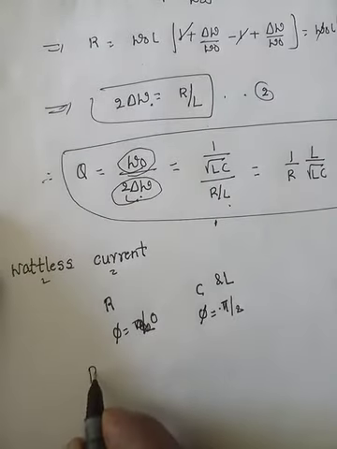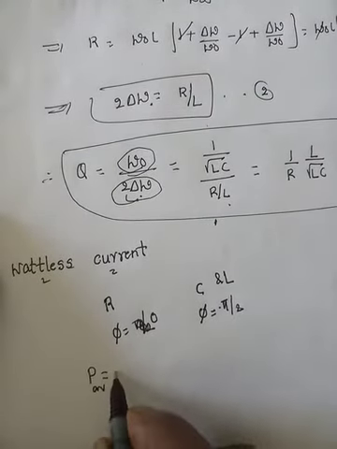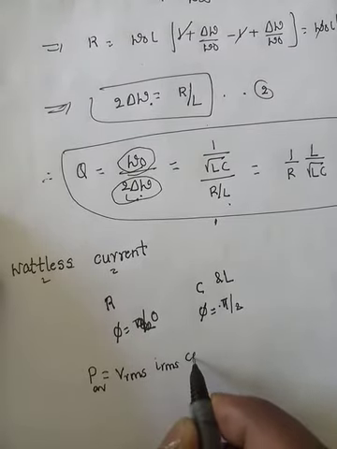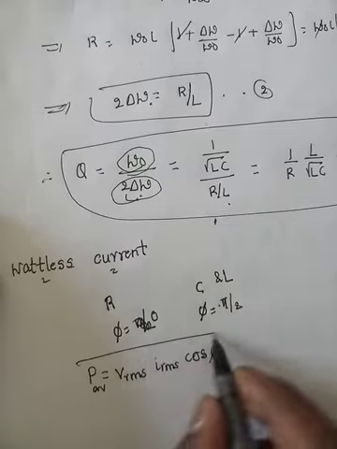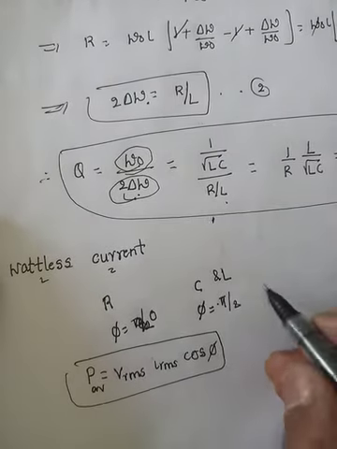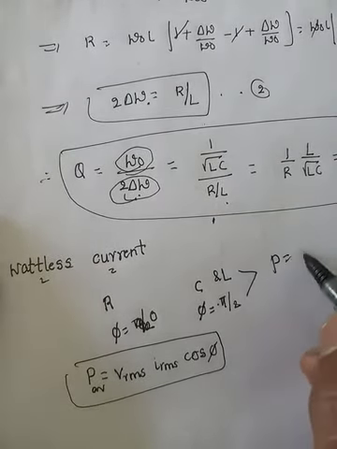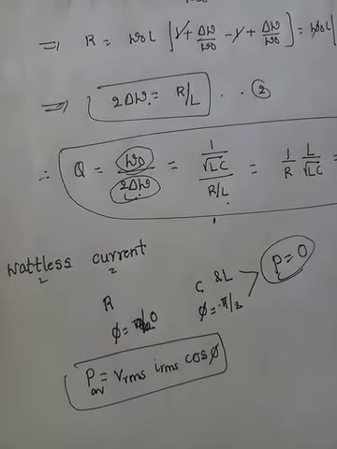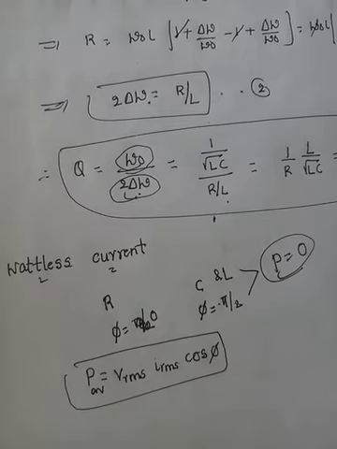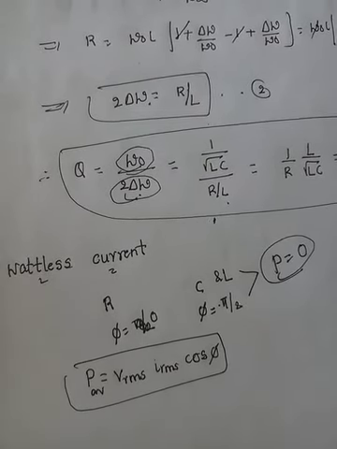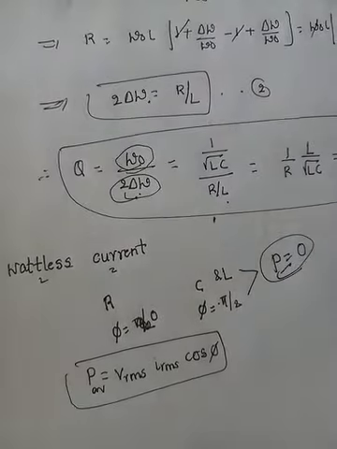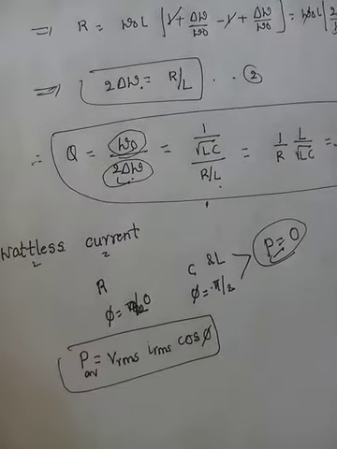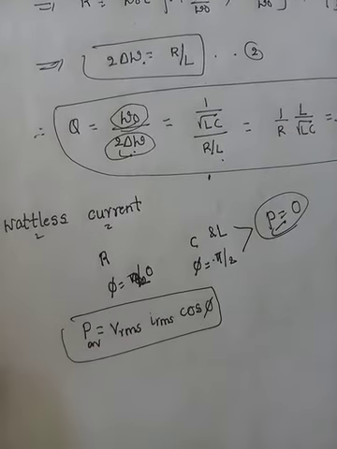As we know well, average power P equals Vrms Irms into cos phi. In a resistor circuit, power is maximum, whereas in capacitor and inductor circuits, power equals what? 0. Means for current flowing in a purely inductive or capacitive circuit, the power consumption is 0. So that is called what? Wattless current.